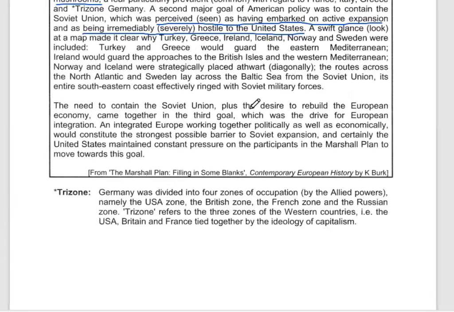The need to contain the Soviet Union plus the desire to rebuild the European economy came together in the third goal. So those were the two: the need to contain the Soviet Union and the desire to rebuild the European economy. Right, it's an extraction question, which is a level 1 question.